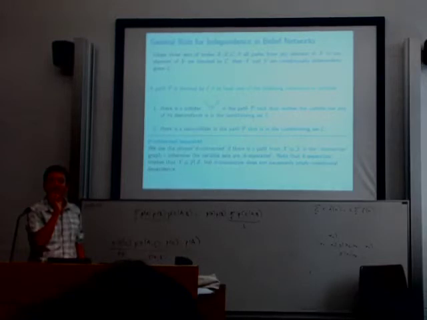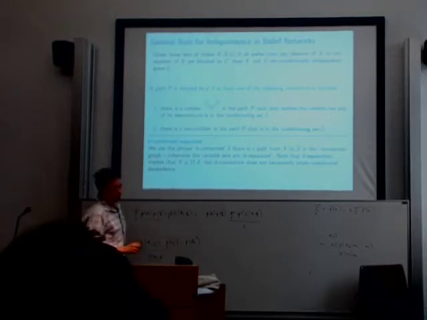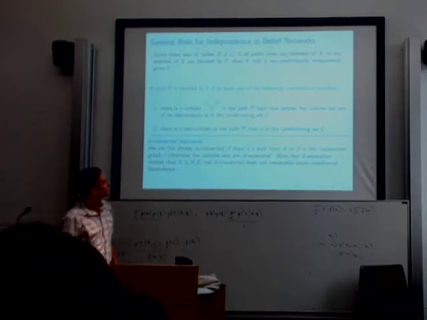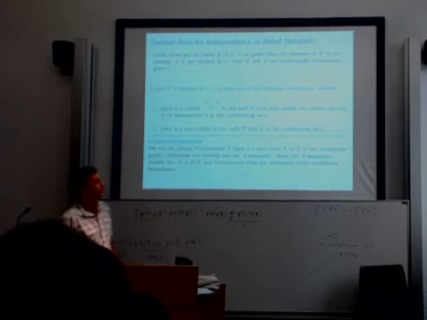So that will cut that path. The other slightly tricky thing is that we have a collider, but we could also have descendants, and I'll talk about that in a minute. If we have a descendant which is in the conditioning set, that will actually induce dependency, so we need to take that into consideration.